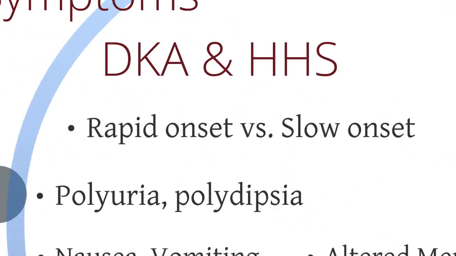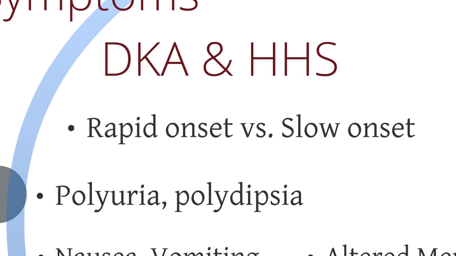One of the main features to extract during your history is the onset of a patient's symptoms. DKA tends to present with rapid onset, meaning the patient has felt horrible for the past day or 2 days. HHS tends to have more of a slower onset, meaning they felt bad for the past week or 2 weeks.